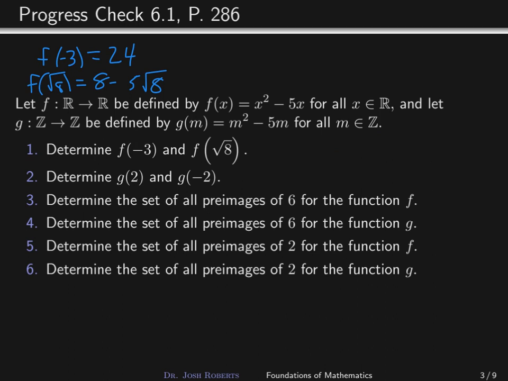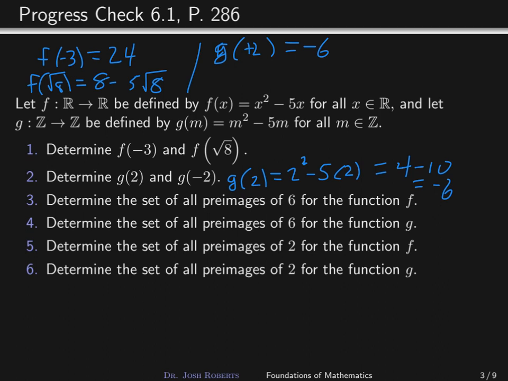Next one, now we're dealing with the g function: g of 2 and g of negative 2. g of 2 is equal to 2 squared minus 5 times 2. It's going to be 4 minus 10, which is negative 6. So g of positive 2 is equal to negative 6.